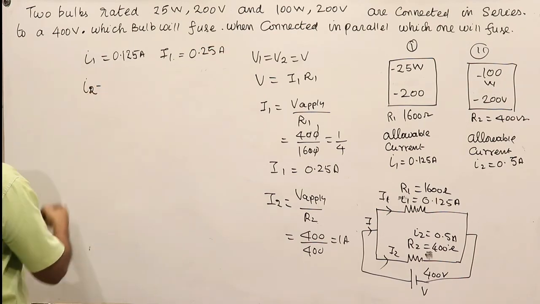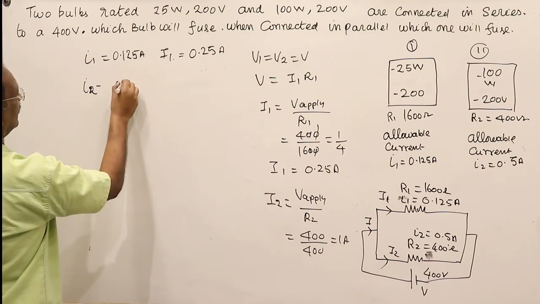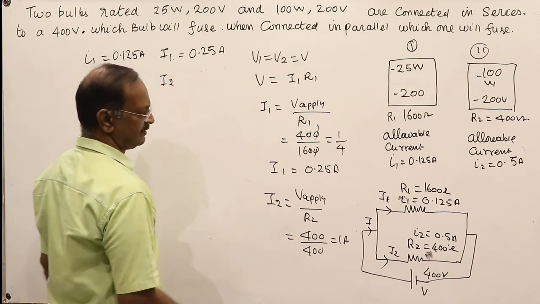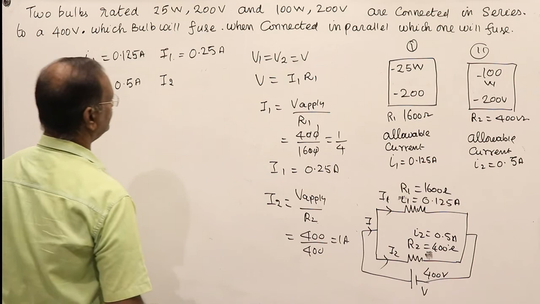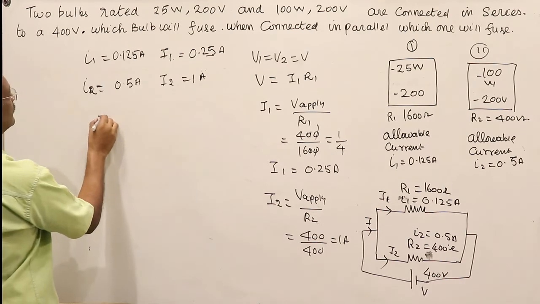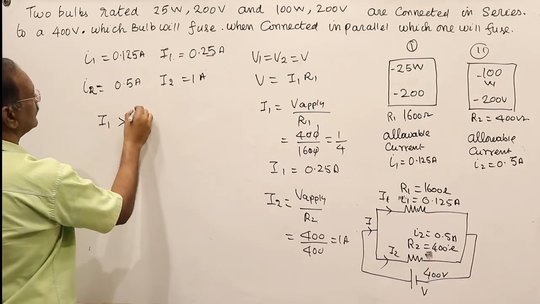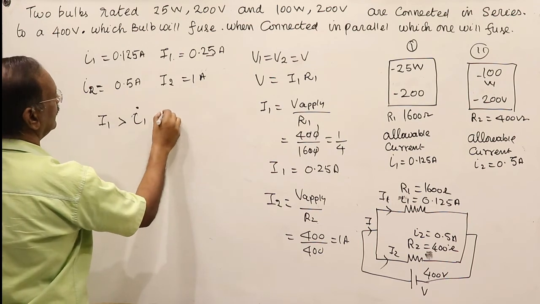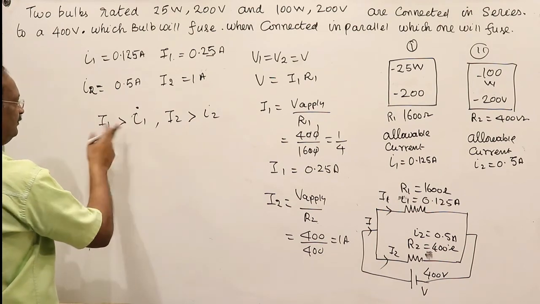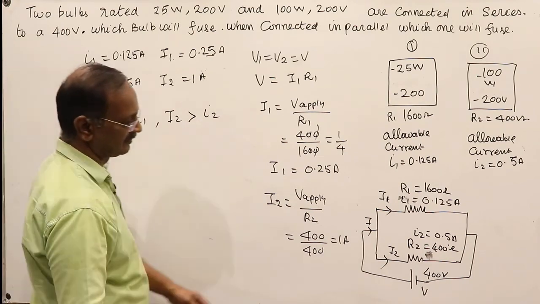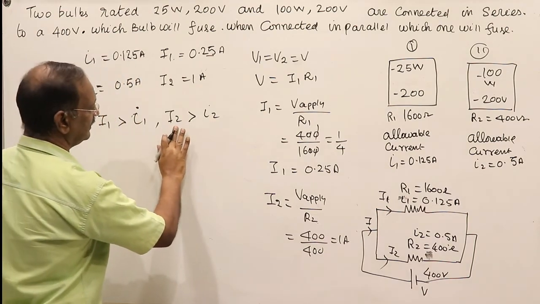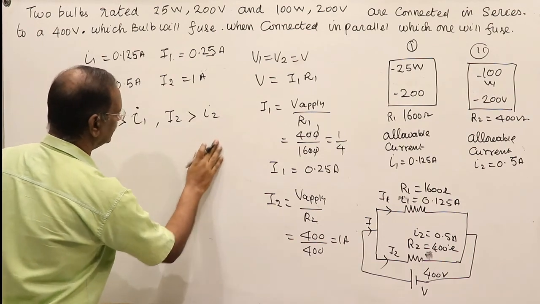In the second bulb, the allowable current is 0.5 ampere, but the current flowing is I2 equal to 1 ampere. So the flowing current I1 is greater than the allowable and I2 is greater than the allowable when connected to 400. It means the flowing current is greater than the allowable current in both bulbs.